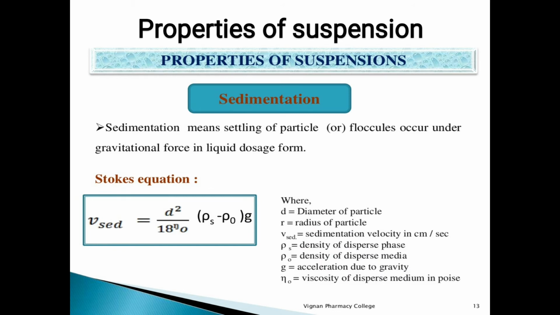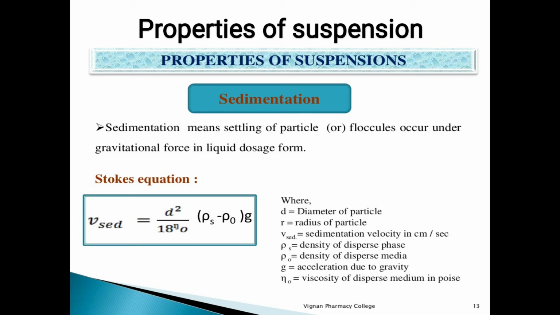Now properties of suspension. Everybody knows sedimentation is a very important property of any suspension. Sedimentation means settling of particles when gravitational force acts in a liquid dosage form. That is, V sedimentation is equal to d square (ρs minus ρ0) g upon 18 η.